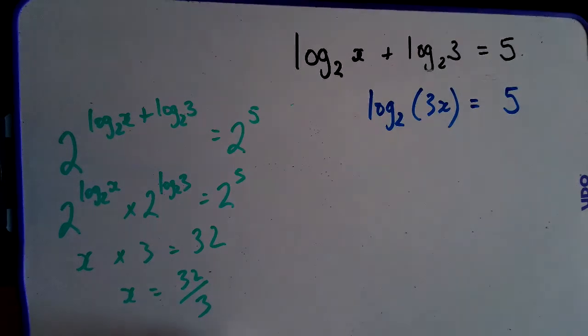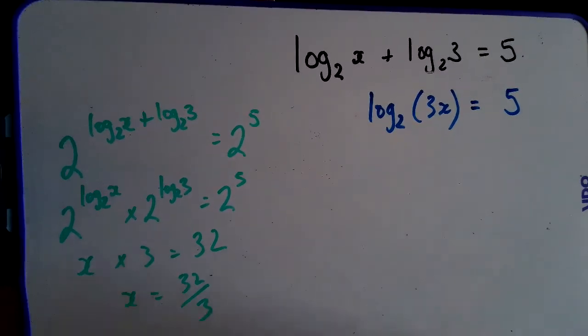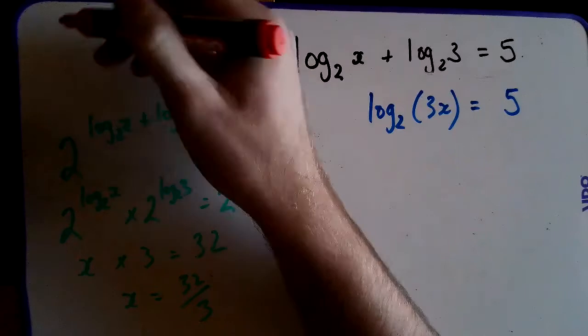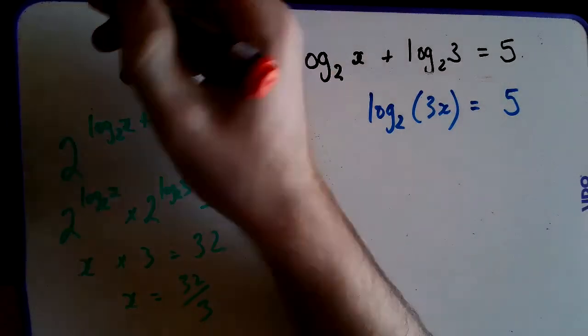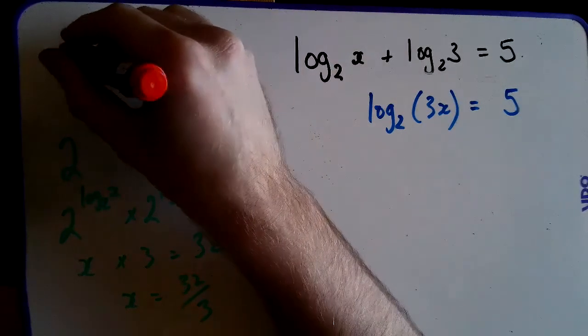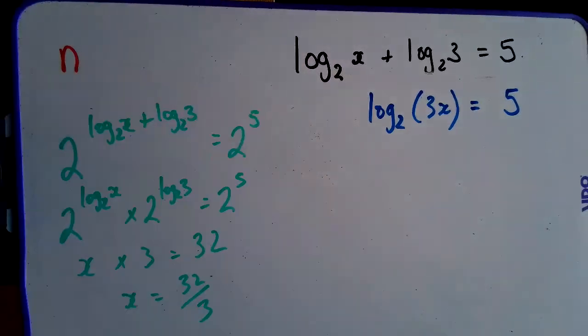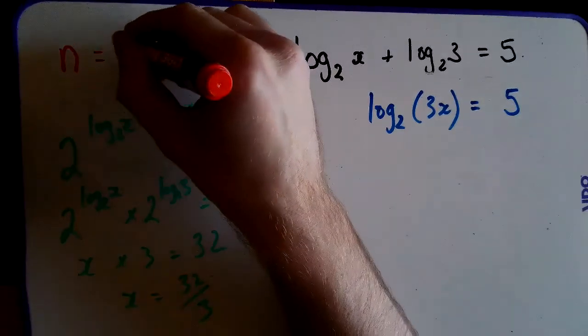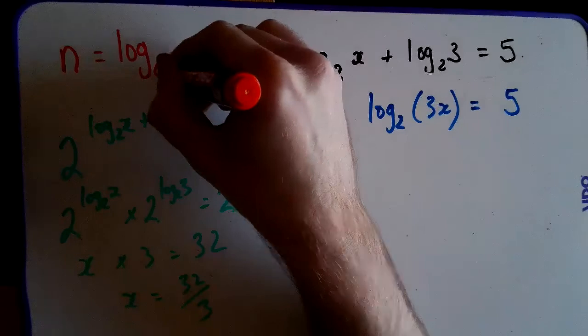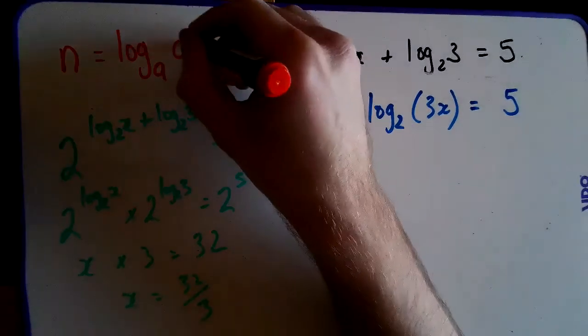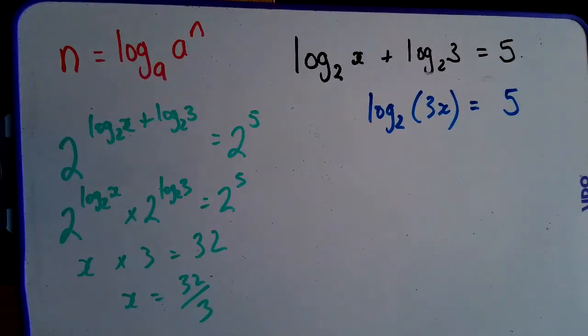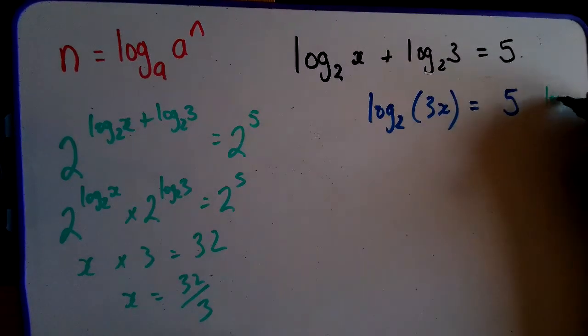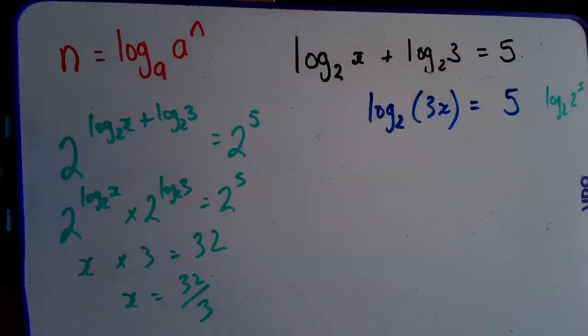So you've got a rule where, let's stick it in this corner, where a number, let's call it n, to get n as a log, well, if it's log base a, then I do it as a to the power n. So I could rewrite 5 as log 2 of 2 to the 5.